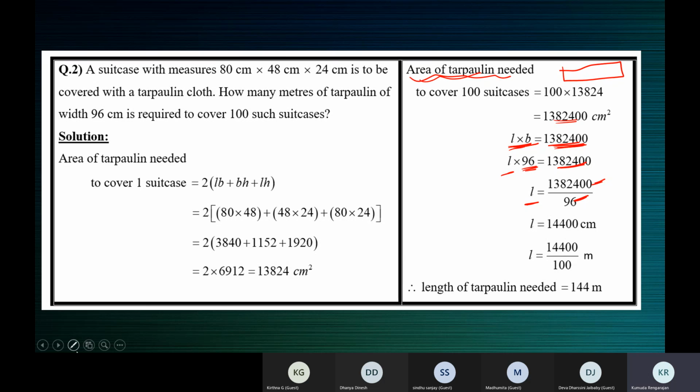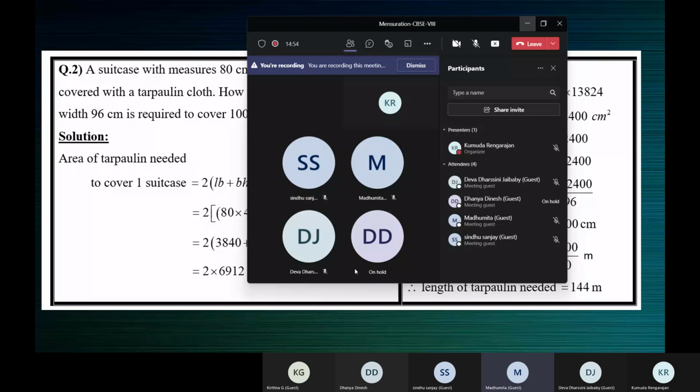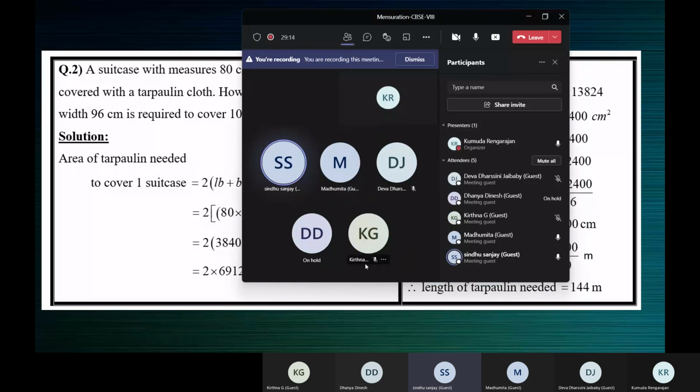Children, have you already finished writing this answer, or should you write it now in the class? Ma'am, I've started writing area of tarpaulin needed, so I'll finish it within a minute, ma'am. Ma'am, now only we are also writing, ma'am. Okay.